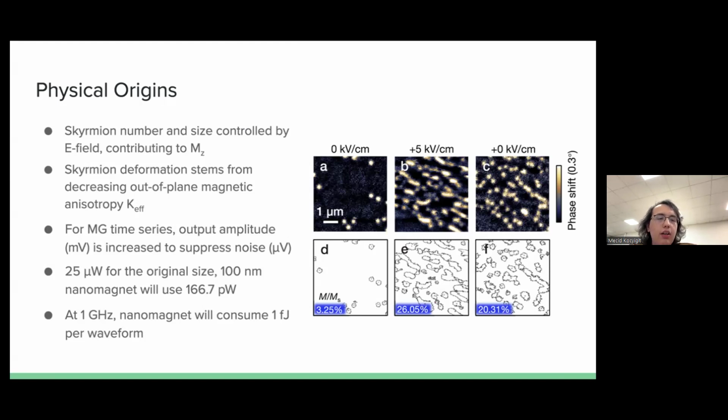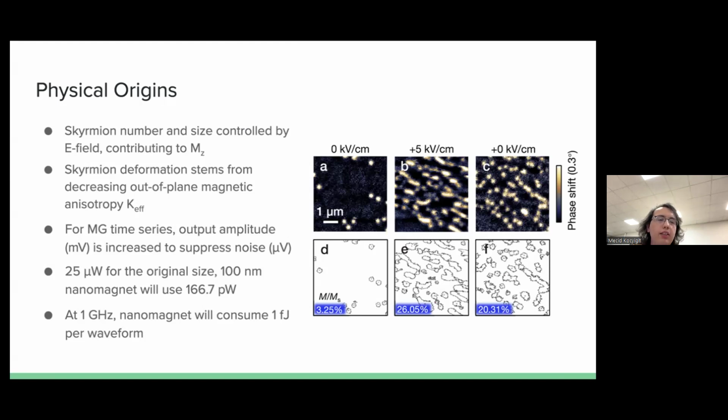And here are some remarks on the power consumption. This device at the original size uses 800 nanowatts for capacitances of the crystals, and 25 microwatts for Joule heating.